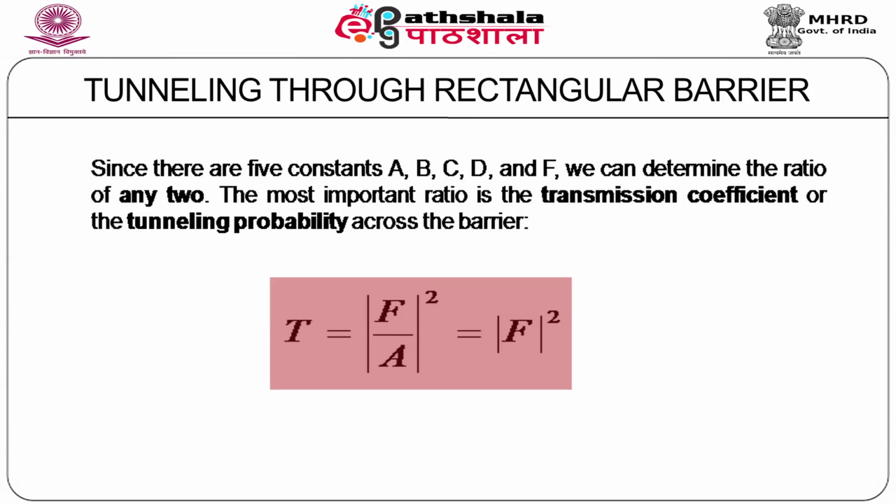We have the freedom of setting A equal to 1 for the incident wave. That sets the scale for the other constants. So we put A equal to 1, and the transmission coefficient, or the tunneling probability as we call it, across the barrier is given by F squared.